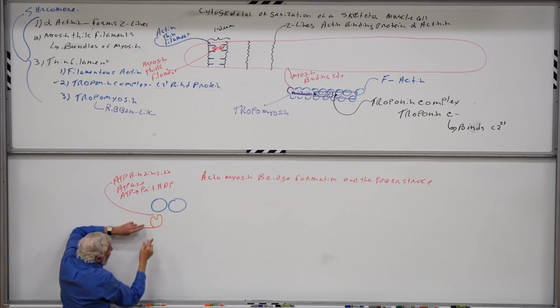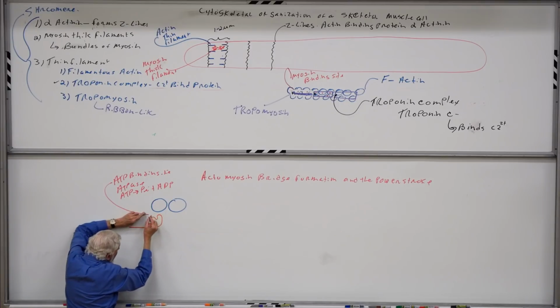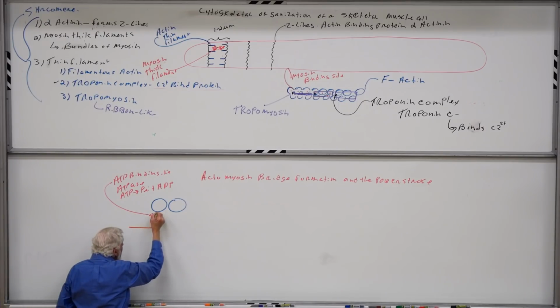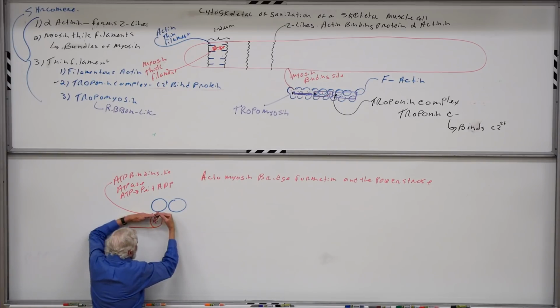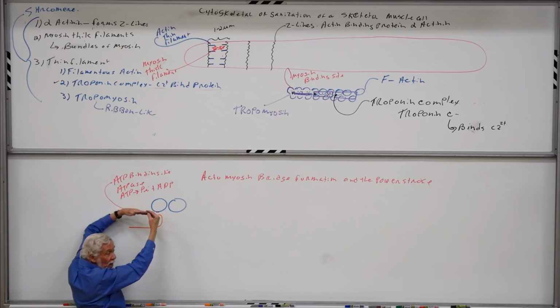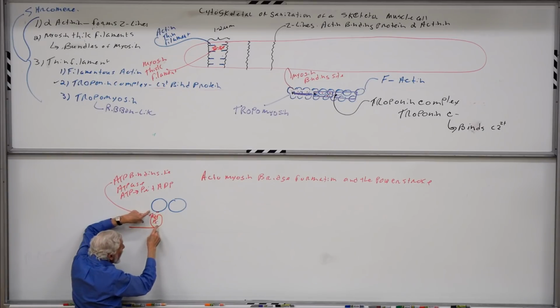So now this site contains ADP and inorganic phosphate. Then there's the red dot. When the tropomyosin folds down into the groove and moves out of the way, that provides an open pathway for this myosin head to come up and latch on to this site.